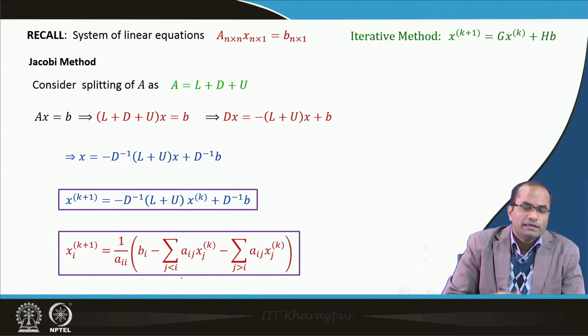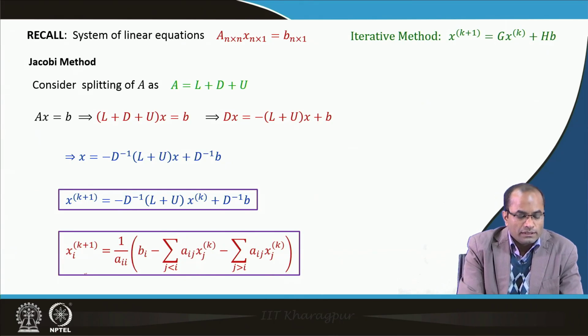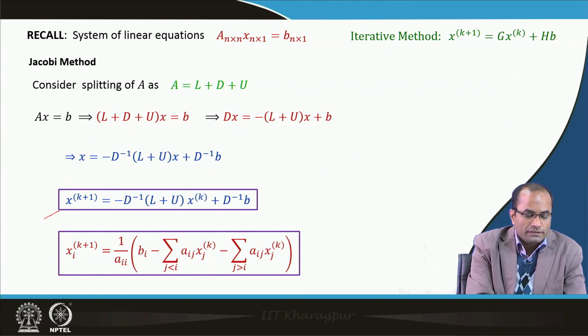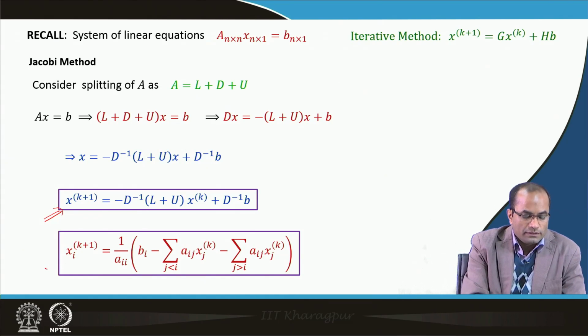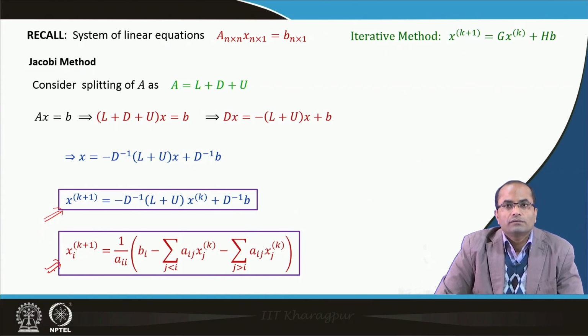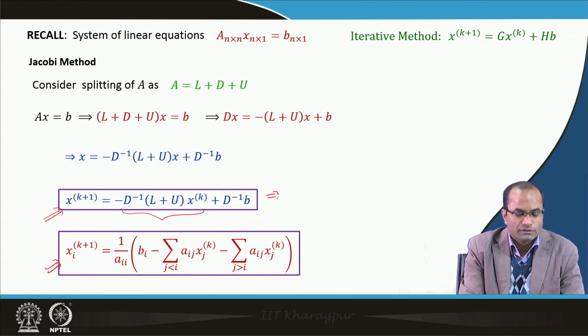Sometimes it is convenient, and we will also see this in some numerical calculations, to write the method in component form instead of this vector-matrix form. This component form comes exactly from the vector form, because here we have x with components x 1, x 2, x 3 up to x n at the k plus 1th level.